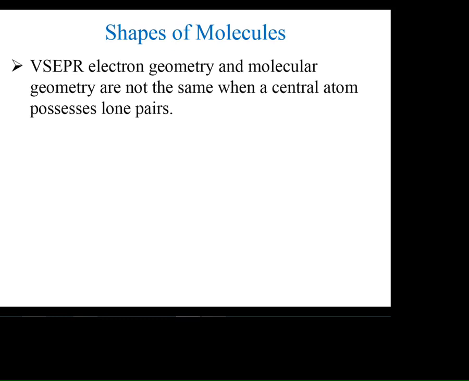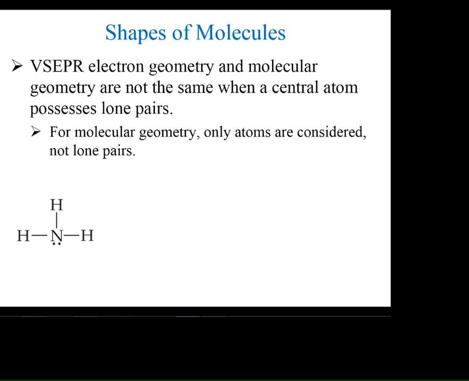Because basically the molecular geometry, you are just looking at the atoms. The lone pairs are actually occupying space, but they're invisible because they are not attached to an atom. So if you have lone pairs on that central atom, the electron geometry is not the same as what's called the molecular geometry.